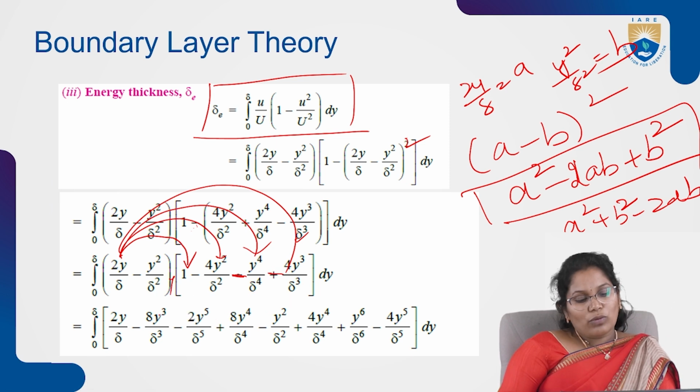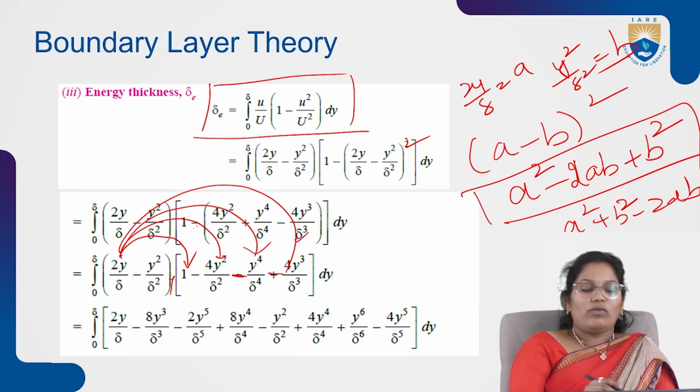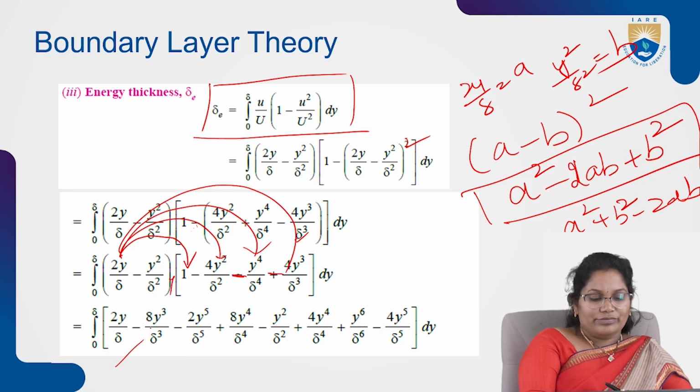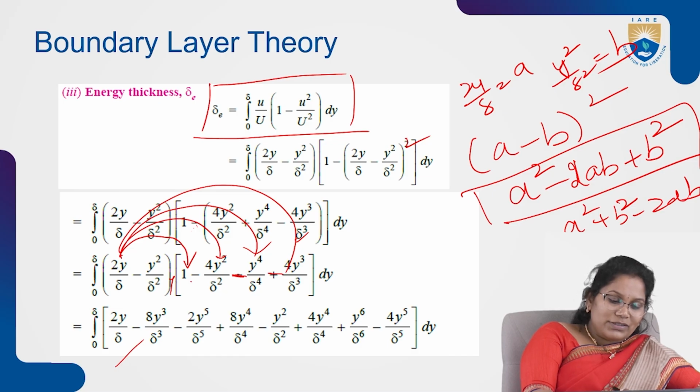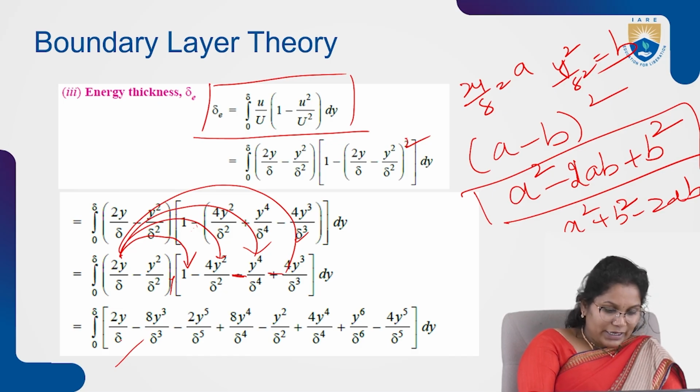Right? So 2y by delta into 1 is 2y by delta.